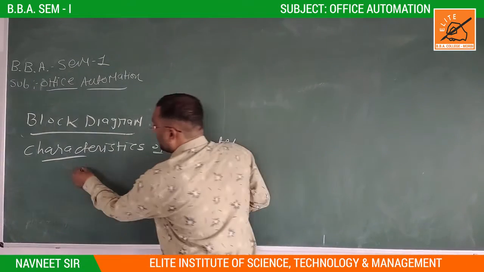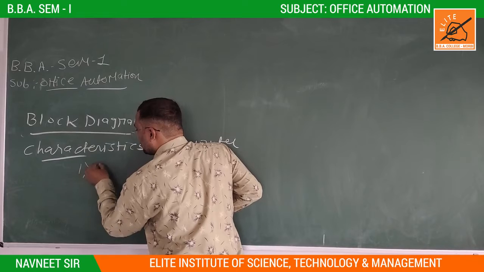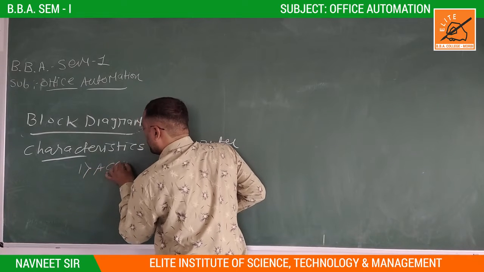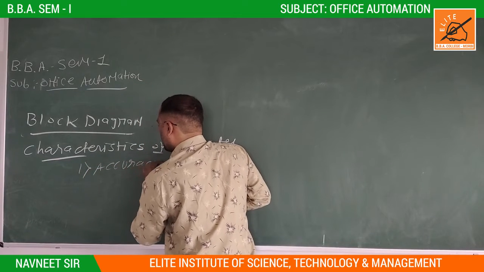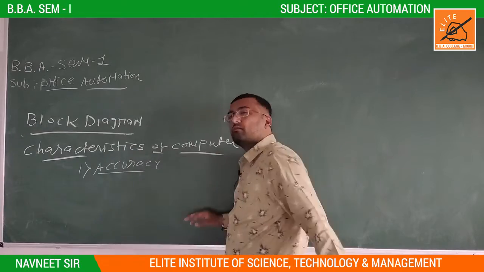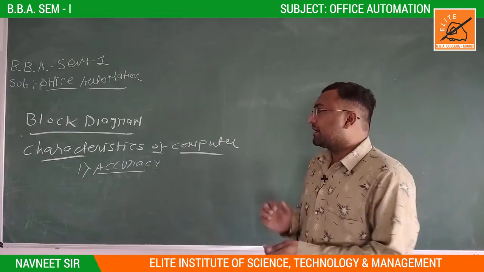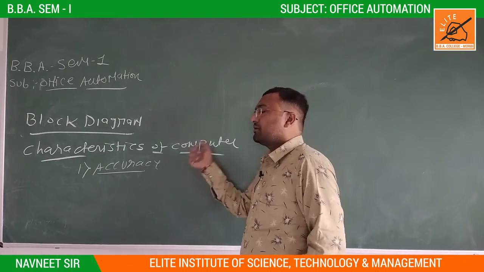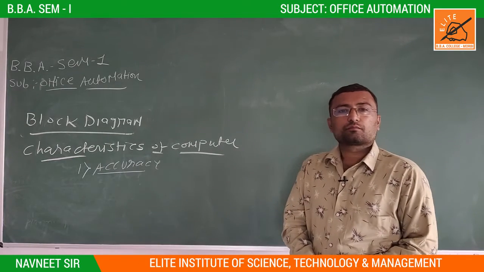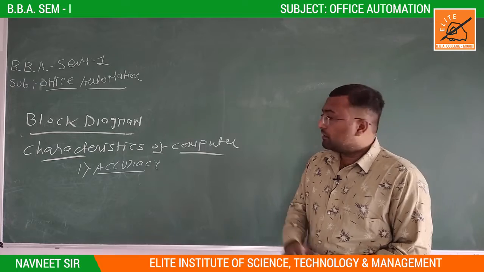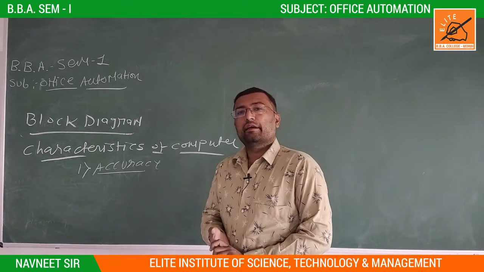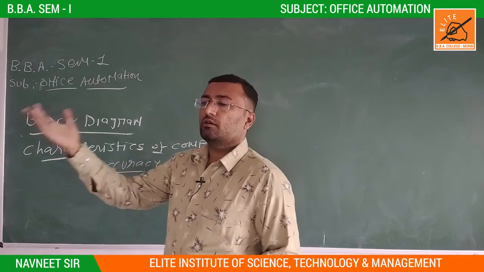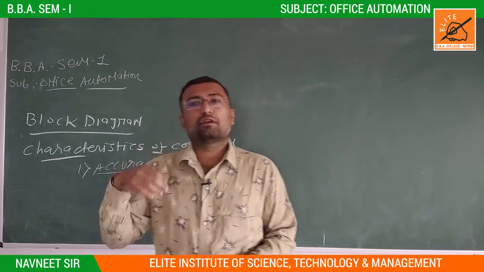The first characteristic is accuracy. How is a computer accurate? Whenever we give input to the computer, it will process it and display the result to the user as per the requirement.